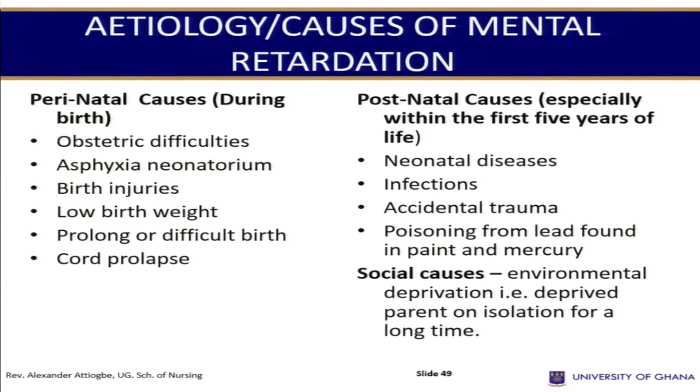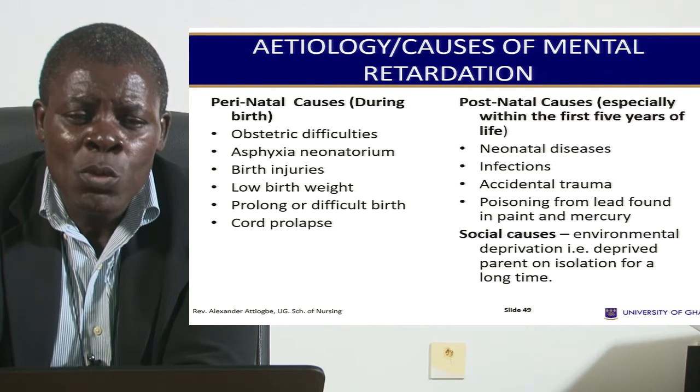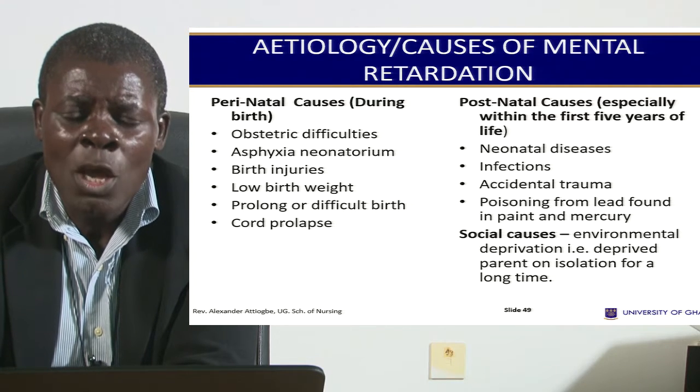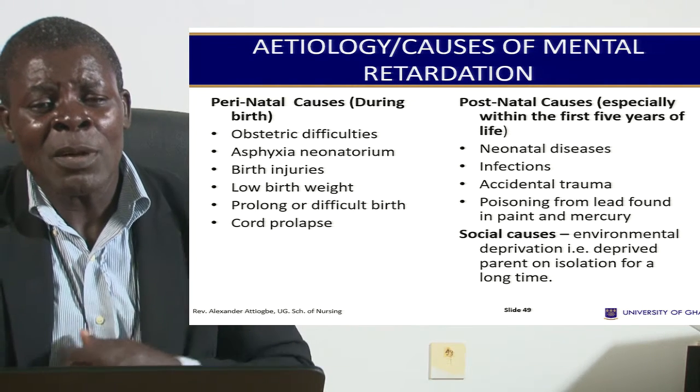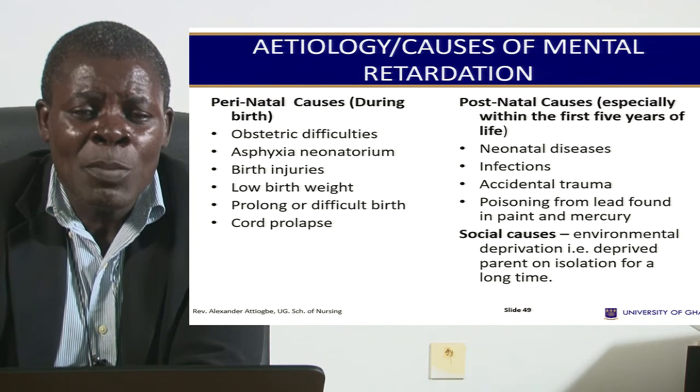Then the perinatal causes, or during childbirth, when the child is being born: problems like obstetric difficulties, asphyxia neonatorum, birth injuries, low birth weight, prolonged or difficult birth, cord prolapse. These are some of the things that can cause the baby to suffer from mental retardation.